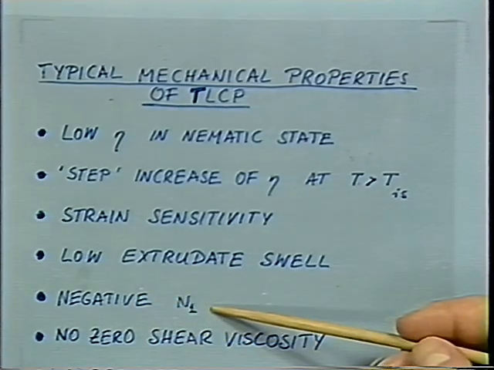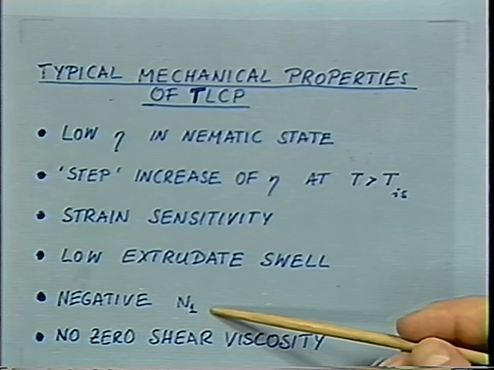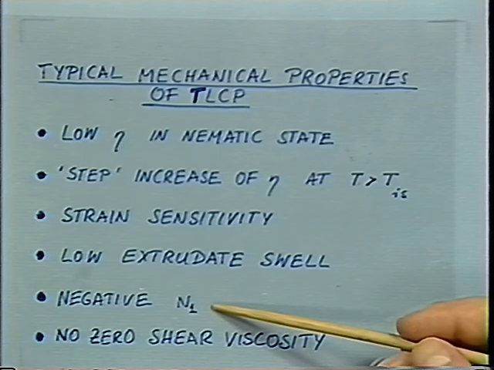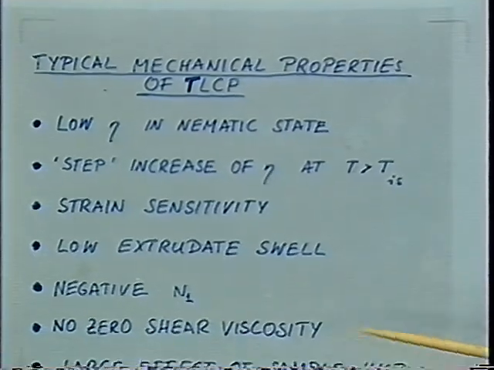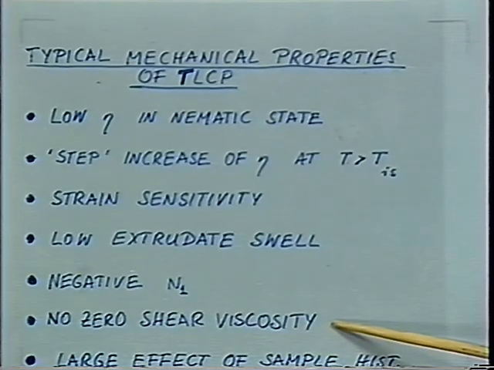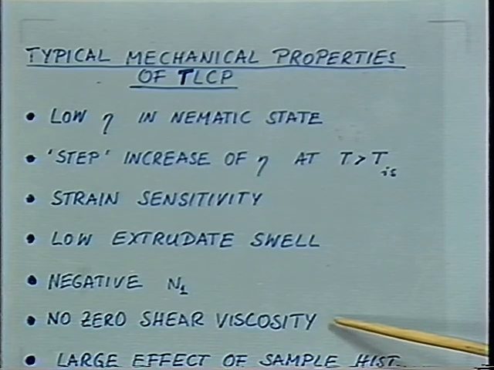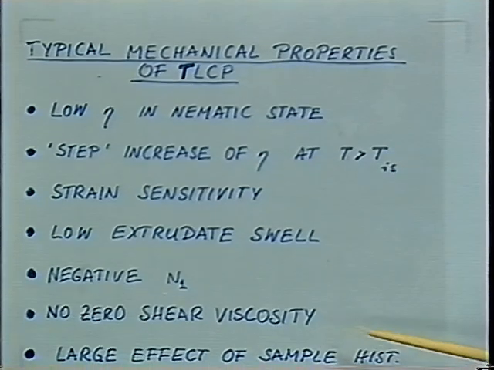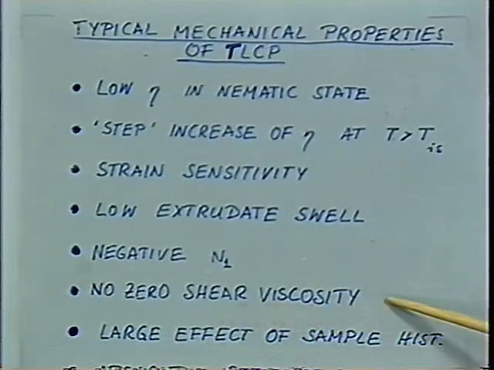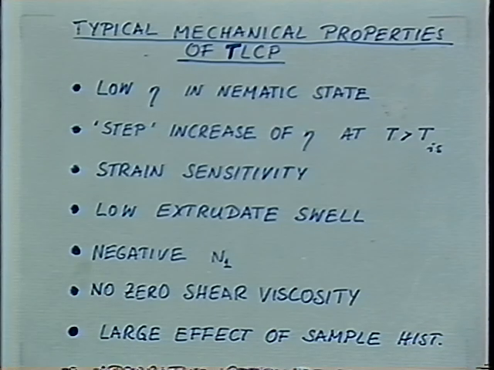The normal stress difference in shear, the first normal stress difference, is negative in certain regions, a phenomenon which is not completely understood. Zero shear viscosity is not accessible because of those superstructures. You would have to go to low rates of deformation, and we cannot do that in our rheometer. So in most cases, this zero shear viscosity is cut off.